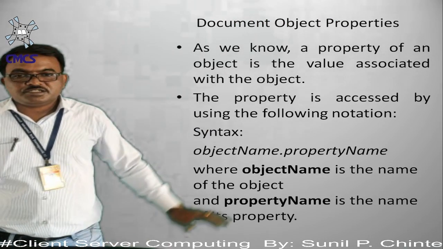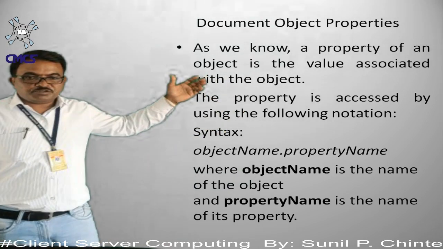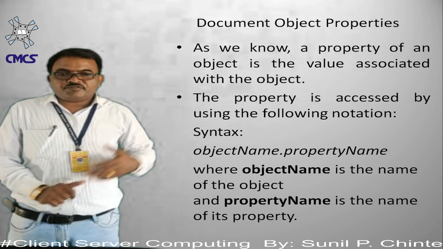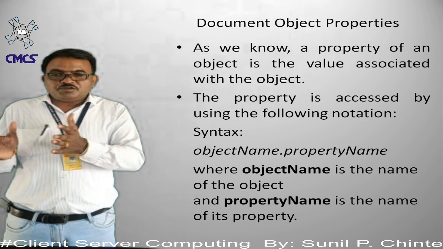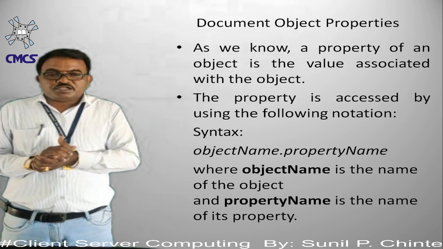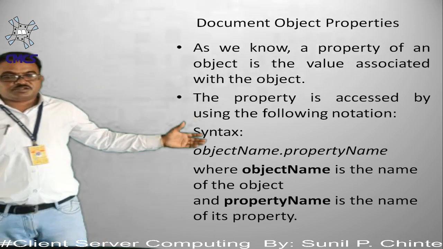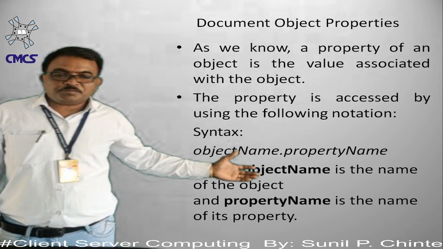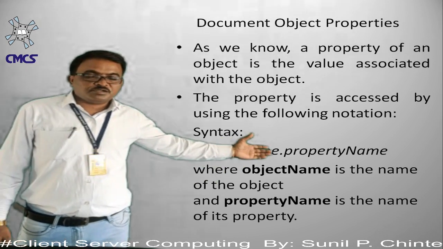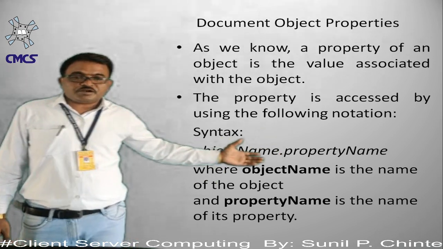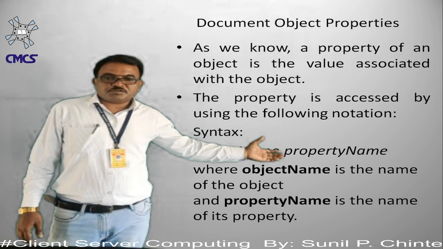Now let's see the properties of the document object. As we know, a property of an object is the value associated with the object. This property is accessed by using the dot operator: the object name, dot, the property name, where object name is the name of the object and property name is the name of that property.